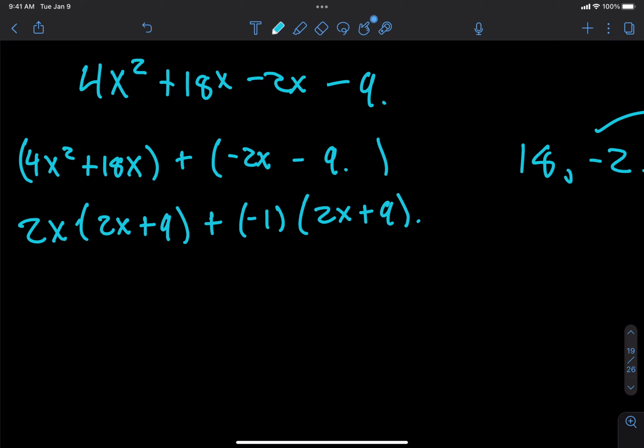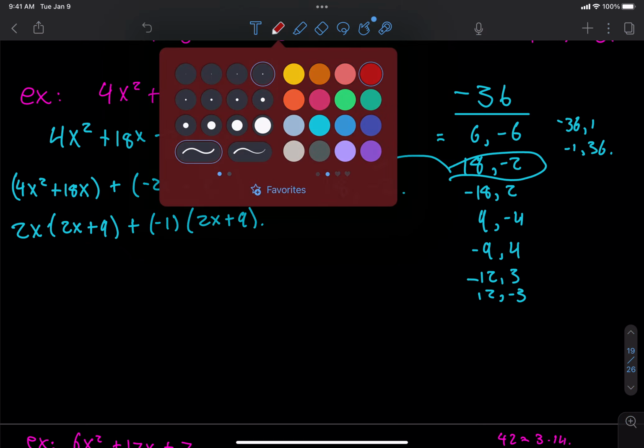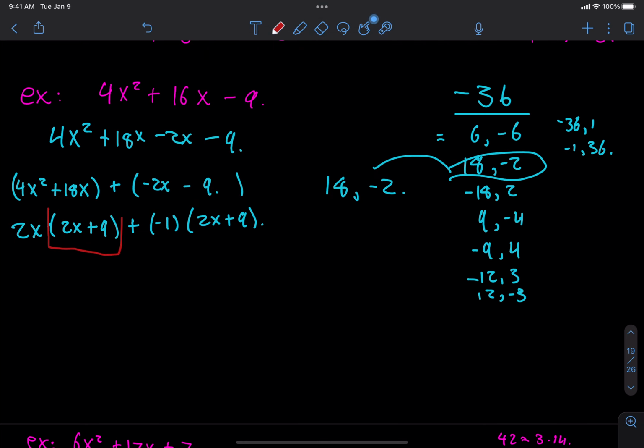Okay, so now what do I do? Well, I have a certain amount of a type of thing. By the type of thing, I'm saying these 2 are actually like terms. If I have 2 like terms and I add them together, then what I get is the sum of these 2 numbers times that like term.